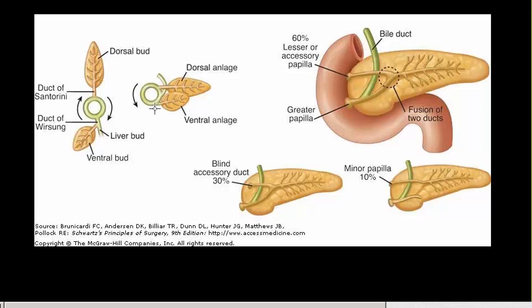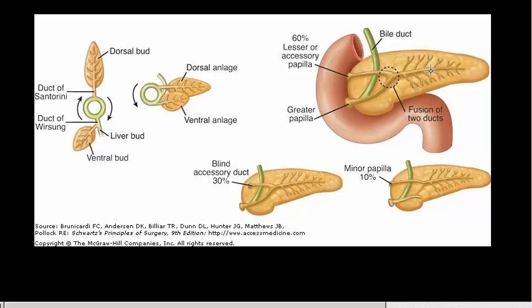Okay, so we have some ducts of the pancreas, and the function of these ducts, as we will talk later, is to drain the exocrine secretions of the pancreas. As we all know, the pancreas has endocrine and exocrine secretion functions.